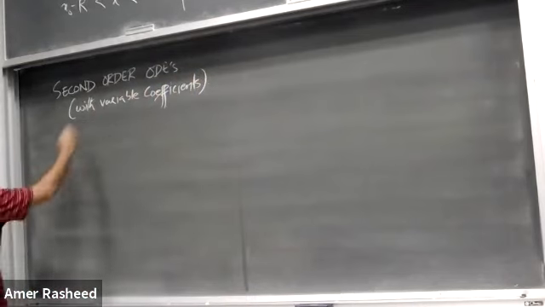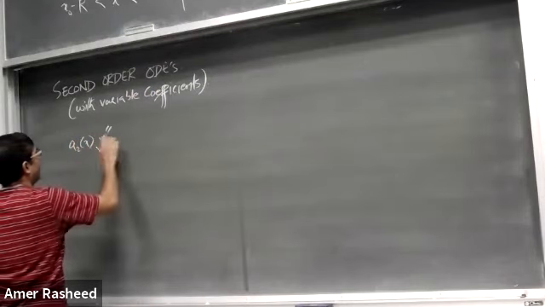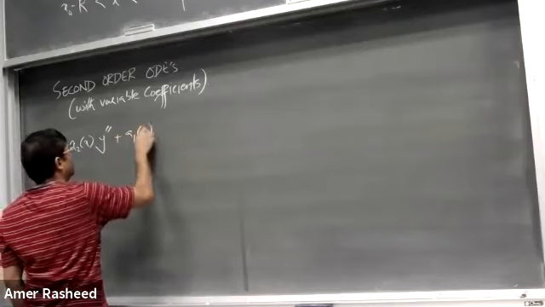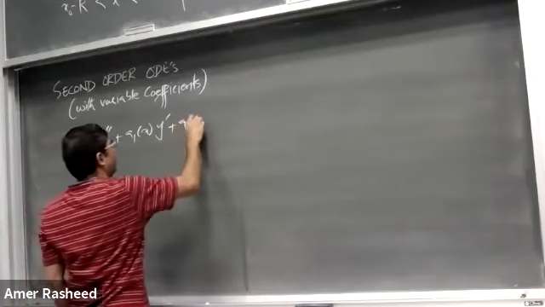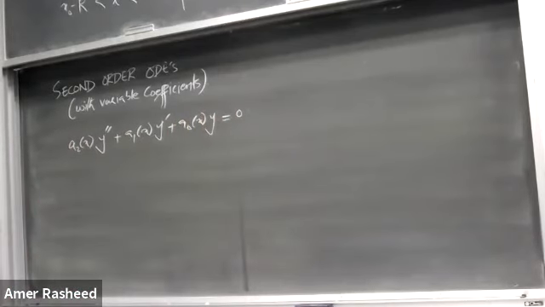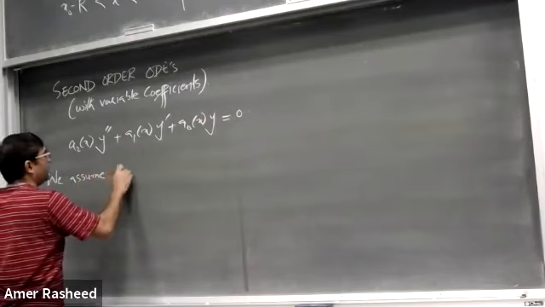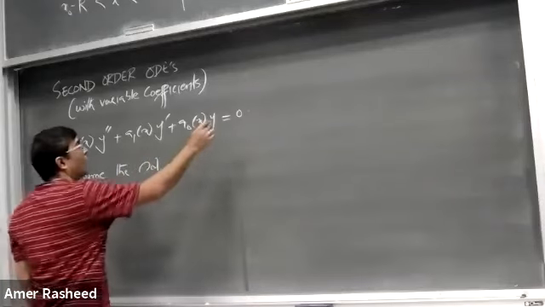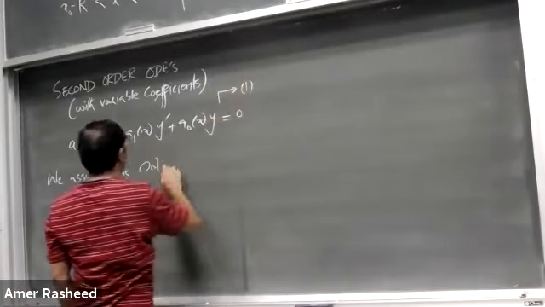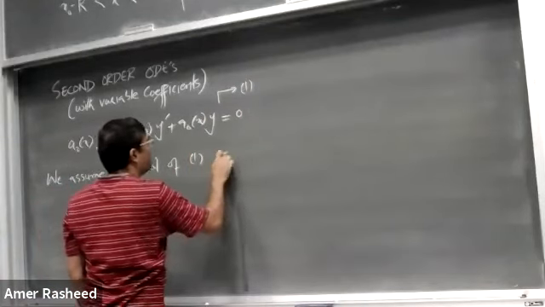So second order ODE, as you know, we can write it in this form: a2 of x y double dash plus a1 of x y dash plus a naught of x y equal to 0, normally a homogeneous ODE. So you start with the homogeneous ODE. Now, we assume the solution of this equation, we call it 1, in the form of a power series.